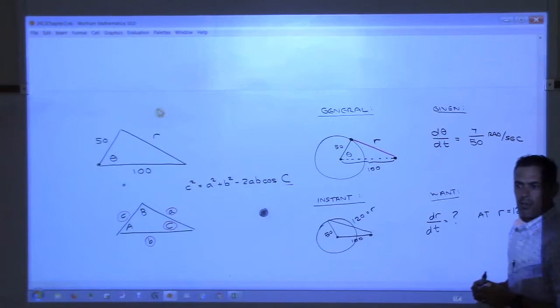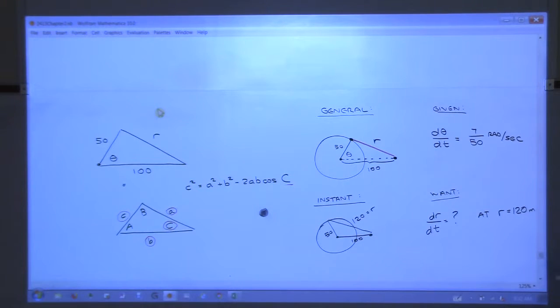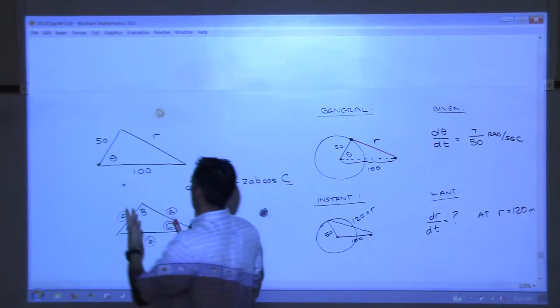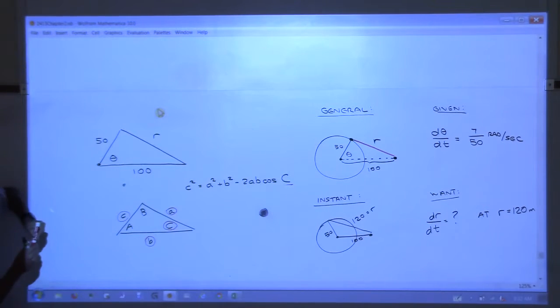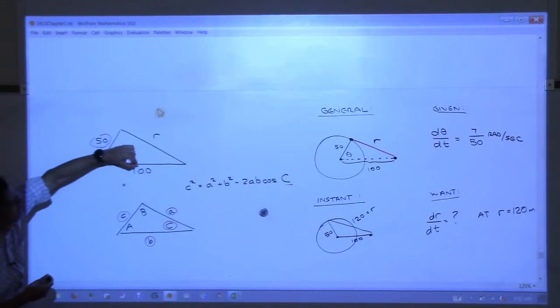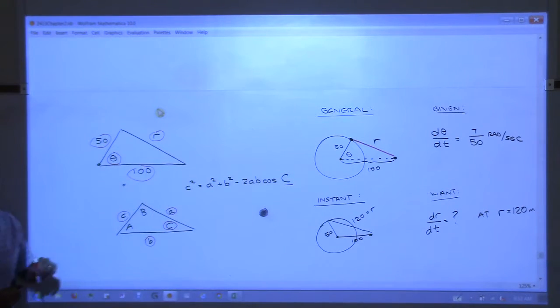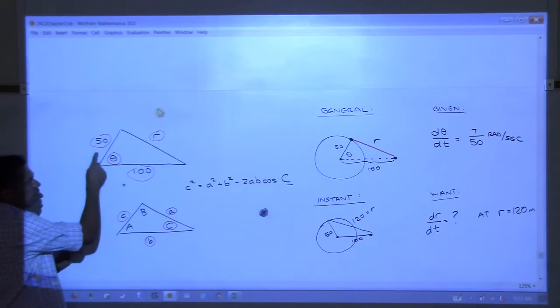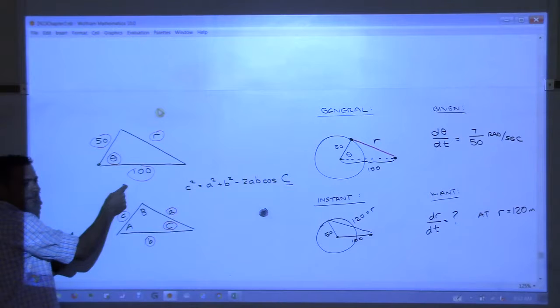If we look at our angle theta, law of cosines is going to work with this side and that side, and that should connect all of those things together. Now the good news is that two of the sides are constants.